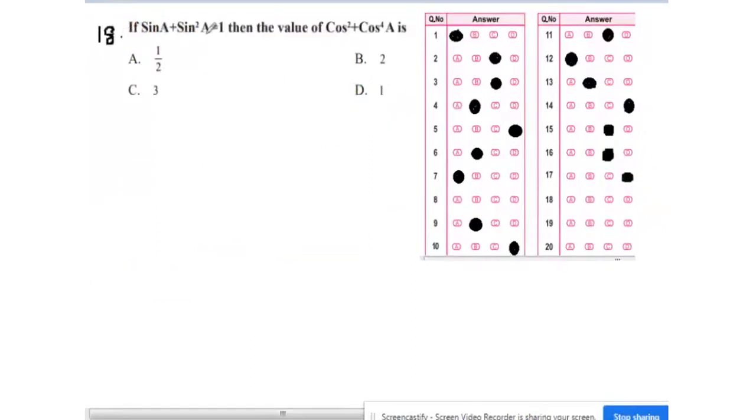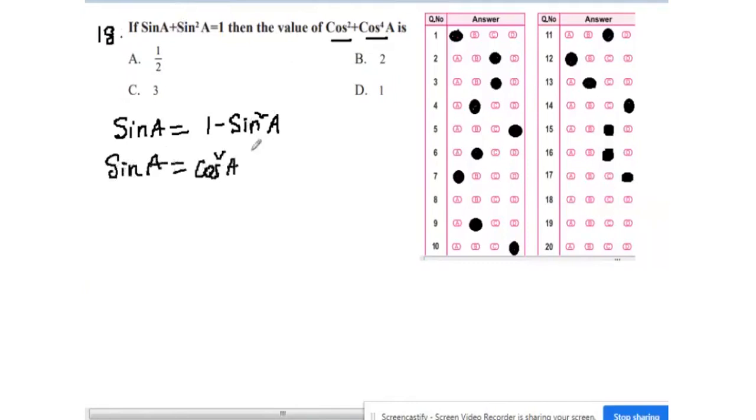18th question, if sin A plus sin square A is equal to 1, then we have to find the value of cos square A plus cos to the power of 4A. So from the given condition, I will write sin A is equal to 1 minus sin square A. Sin square A moves to the other side, it will become minus sin square A. Based on the first identity, I am writing 1 minus sin square A as cos square A. Identity 1 is sin square A plus cos square A is equal to 1.